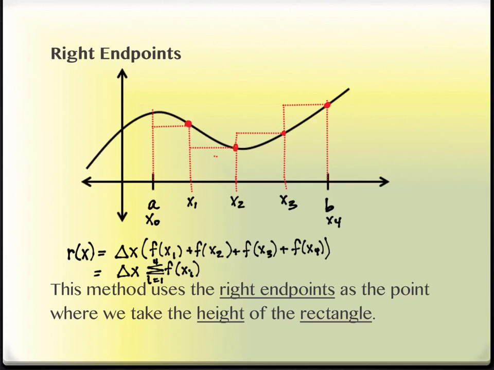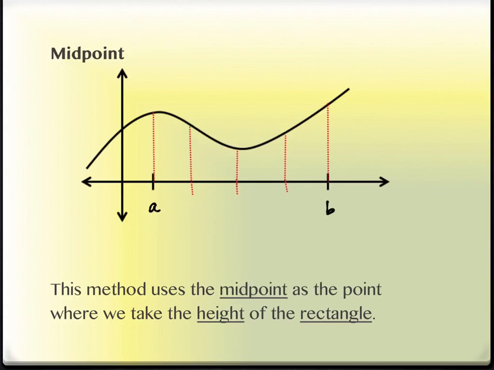So left-hand endpoints and right-hand endpoints are the easiest of the two options. Midpoints gives us better estimations in general, but it's typically a little bit more work. And I don't have a concise, compact way of writing it nicely. You can write it this way with the summations, but it's really ugly. So what we're going to be doing is dividing these intervals in halves. So I divide this into half, half, and half, and I use those heights.